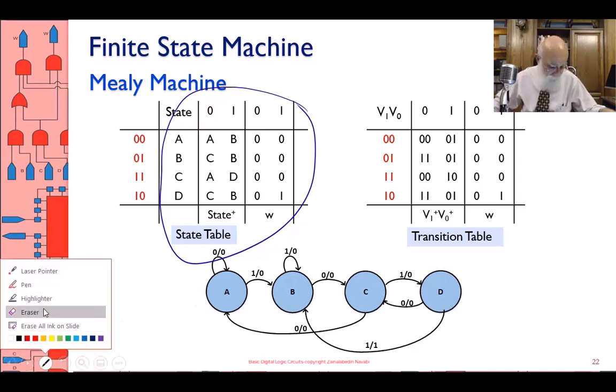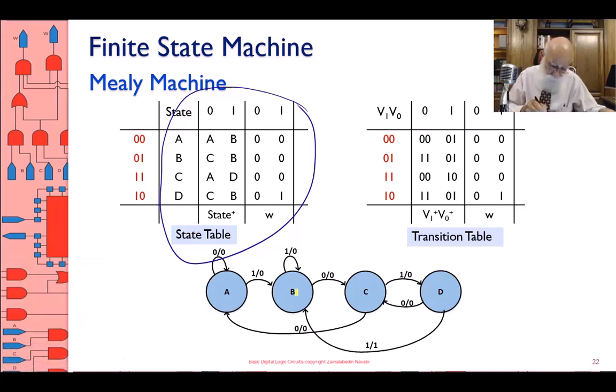While I'm in state B, a 0 on the J input. That is not marked, but that's J. Let me correct this. This is J, this is J.